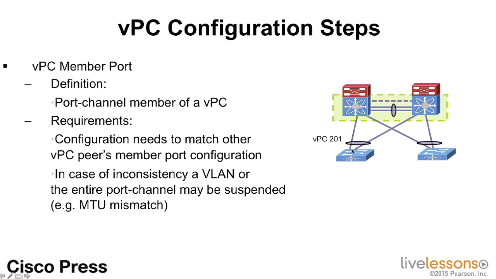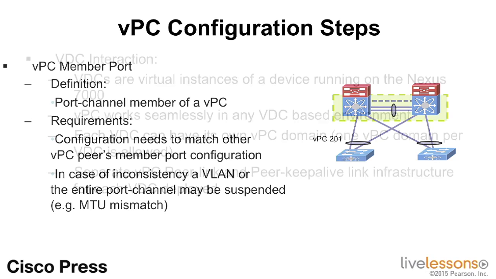The configuration needs to match on each peer's interface for this particular VPC interface, and in case of an inconsistency, a VLAN or the entire port channel, scoped to this particular link, may be suspended. For example, if you configured VPC 201 on this switch and VPC 201 on this switch, but had a different MTU on both, that would be a type 1 and cause that particular port channel to be suspended.